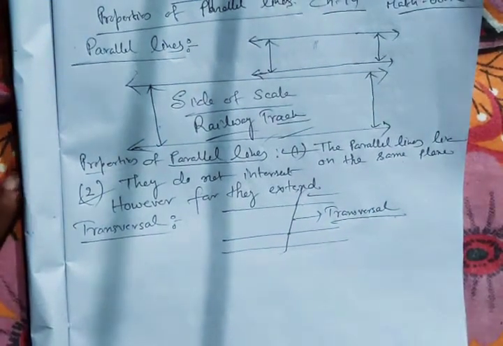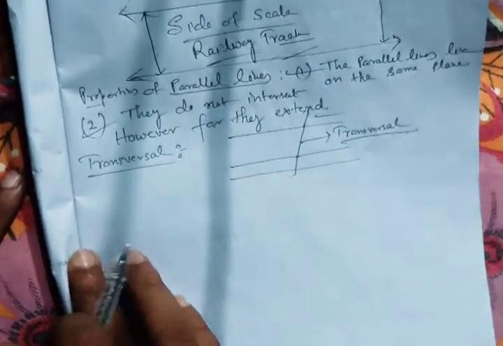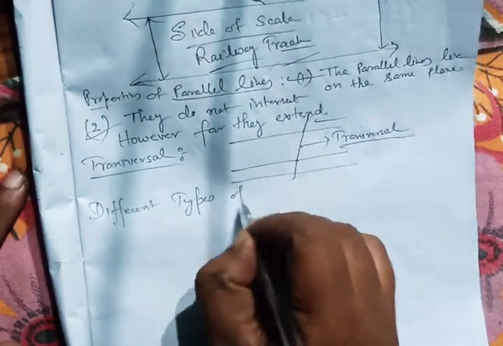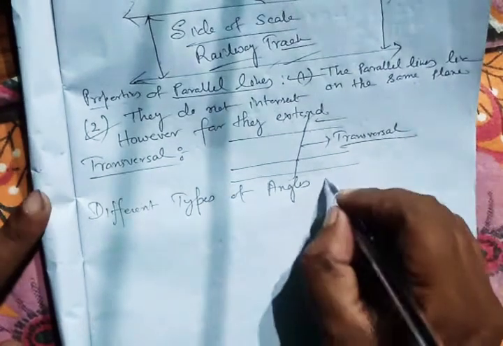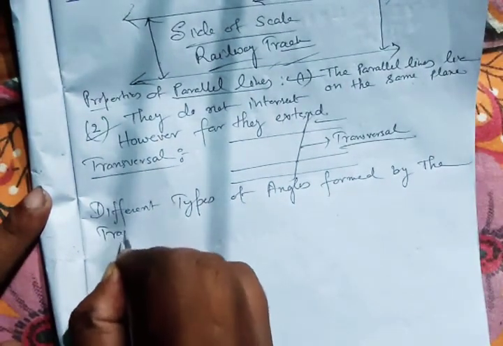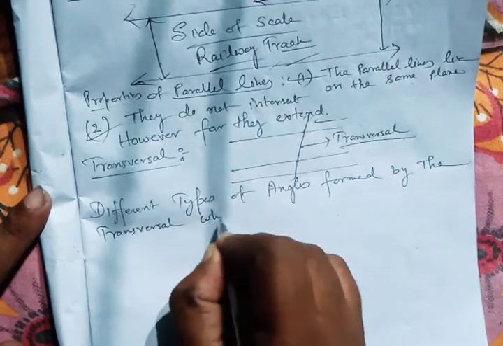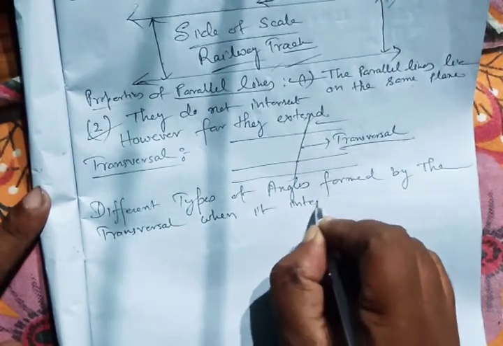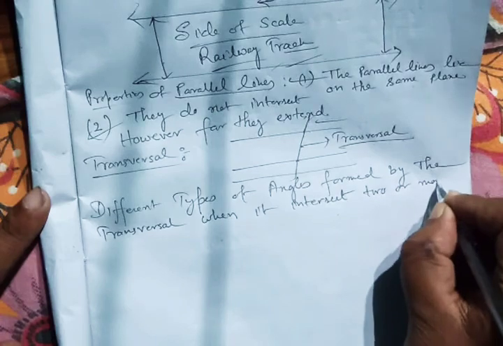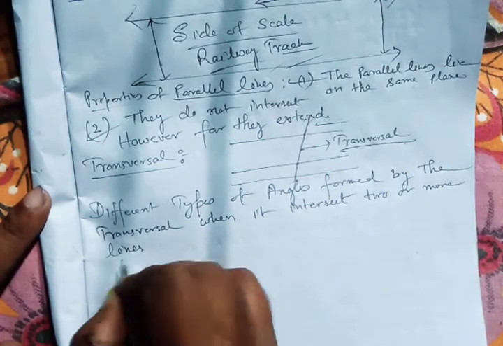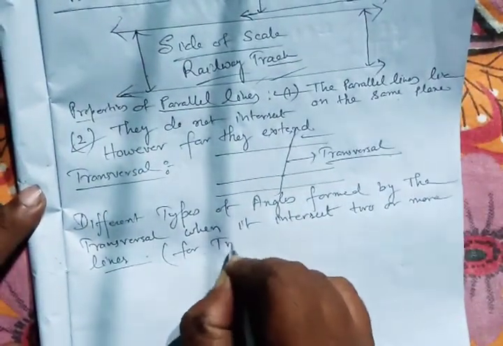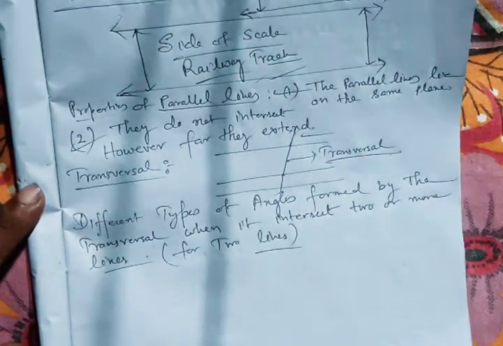Next, different types of angles formed by the transversal when it intersects two or more lines. We will discuss it for two lines. Okay.